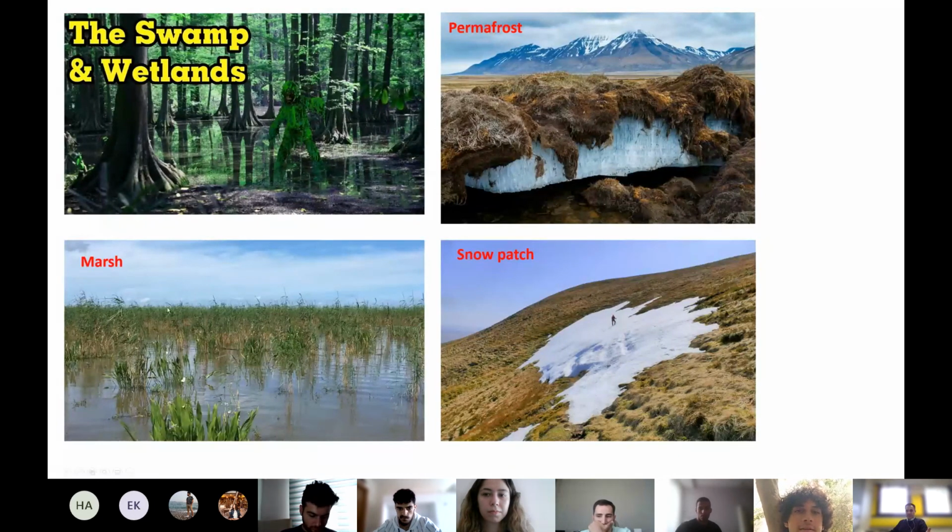In that case, we say it is marsh. Marshes are commonly created next to the lakes, but swamps are bigger ones that are created along the large rivers. For example, think about Amazon jungles full of swamps.